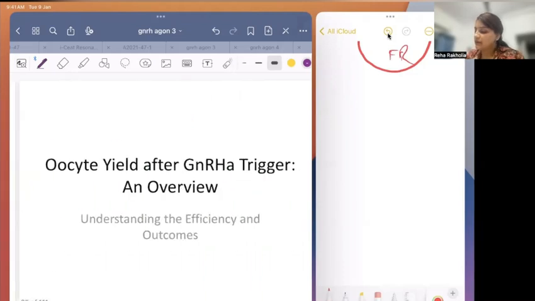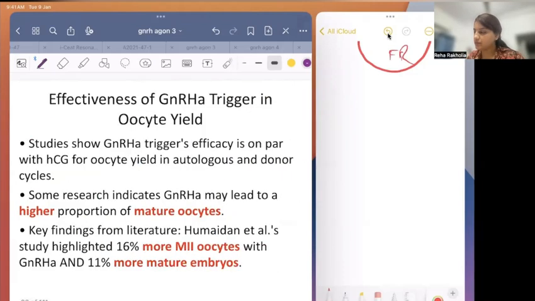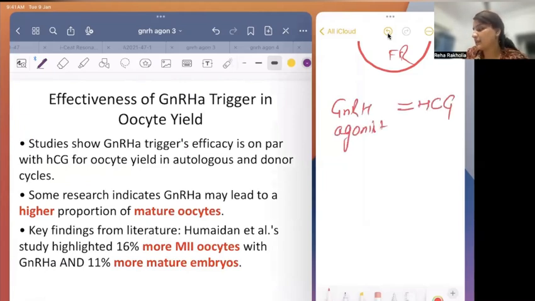Oocyte yield after GnRH agonist trigger. Studies show that oocyte yield is the same in GnRH agonist and HCG.